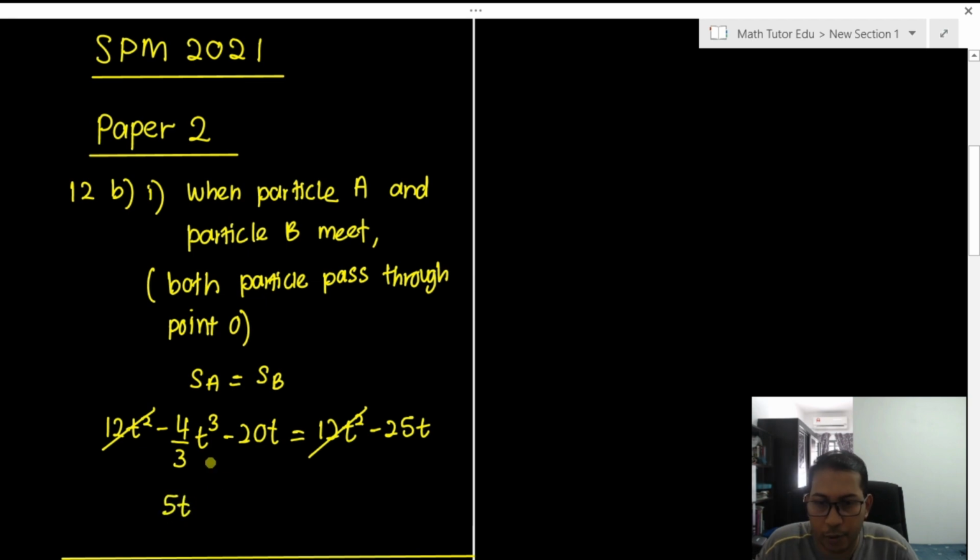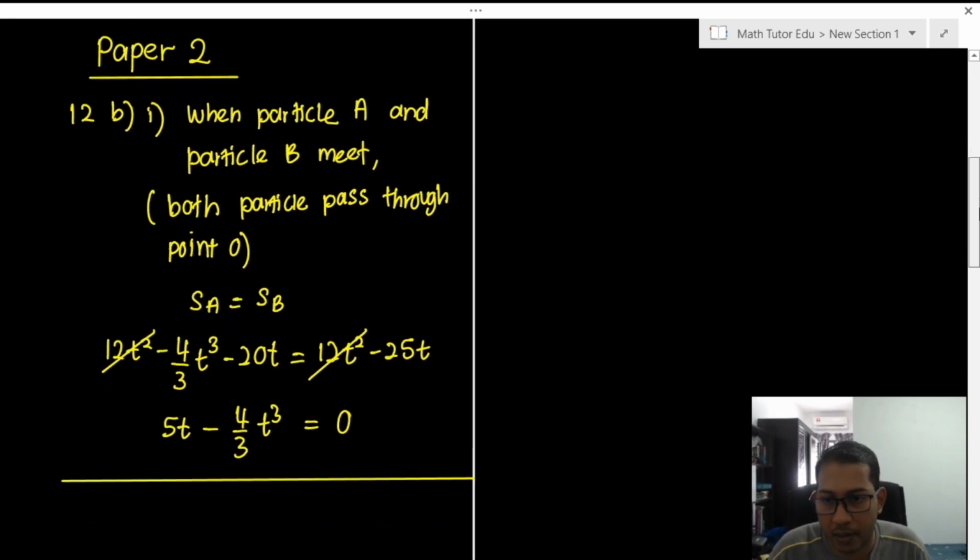How do you get 5t? 25t minus 20t, that's how you get 5t, and then minus 4 over 3 t cube equals to 0. Okay, so far so good.